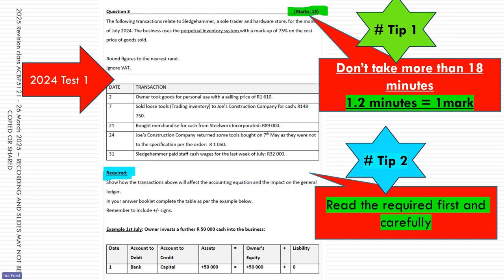So we're not going to overrun on time; we're going to stick to those 18 minutes. Step number 2 is to read that all-important required and make sure we completely understand what they want us to do with the information. In this particular question, the student had to show both the impact on the general ledger as well as the accounting equation.